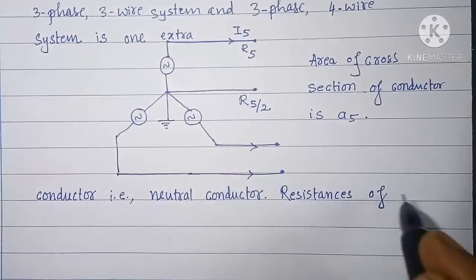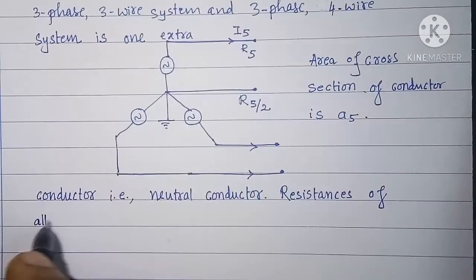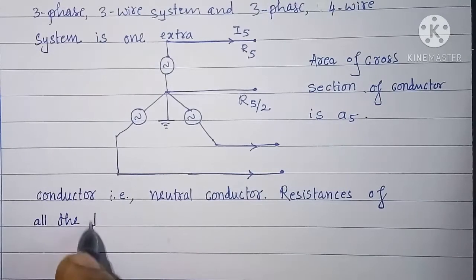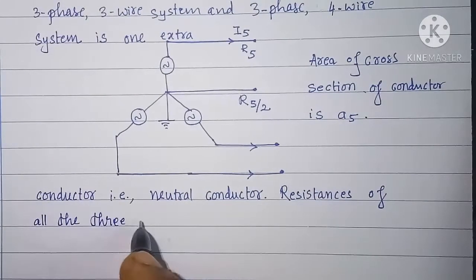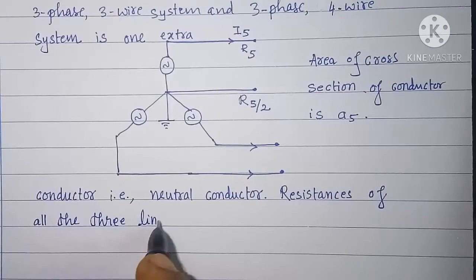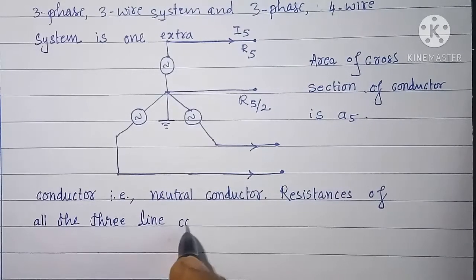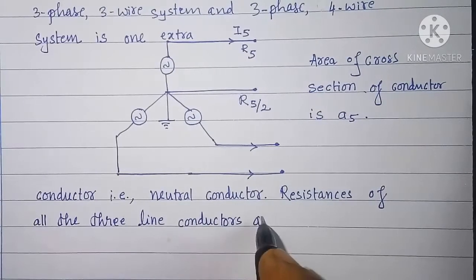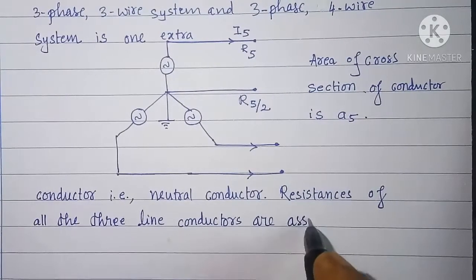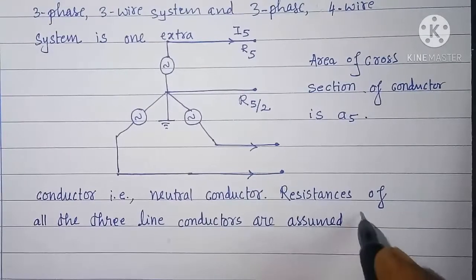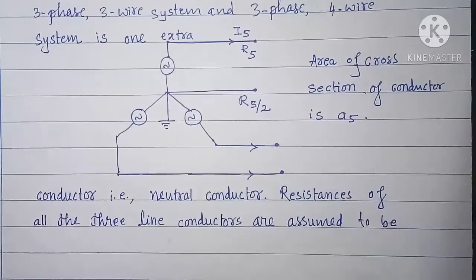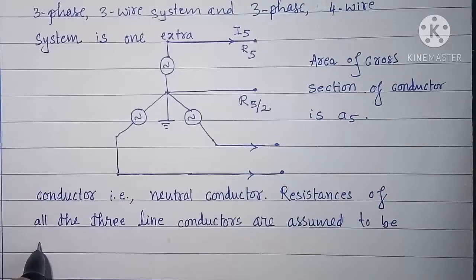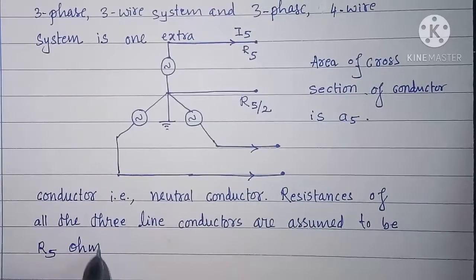Resistances of all the three line conductors are assumed to be R5 ohms.